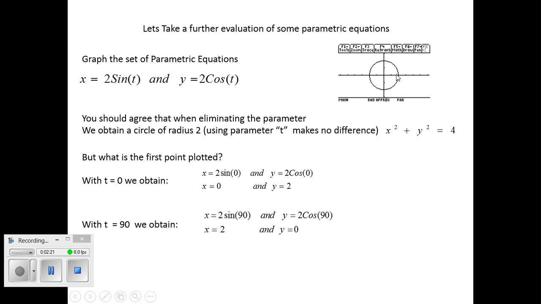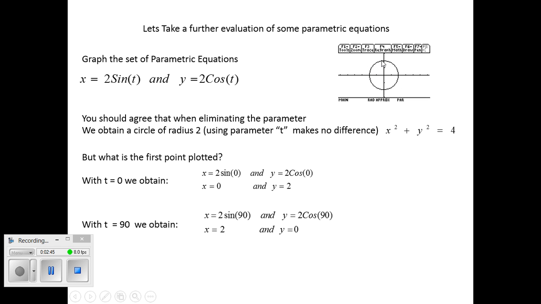So the second point is going to be graphed here. So you're going to find that the graph is going to start here and go counterclockwise. Whereas in the previous points, it started here and went clockwise.